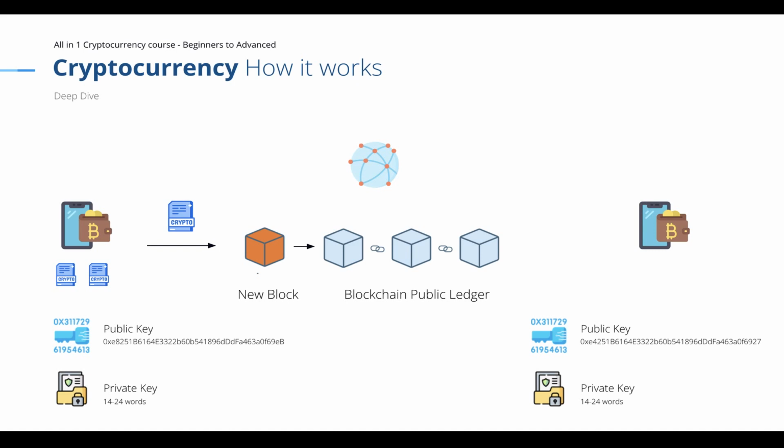This is called cryptography, and the miners who mine each block with all these transactions are rewarded. Each node is a computer, and publicly, anyone can be part of any blockchain network.